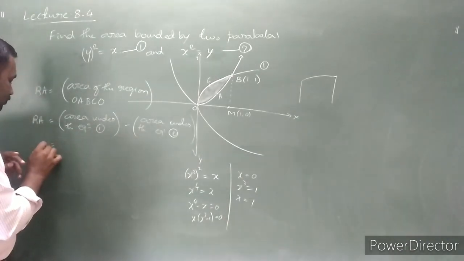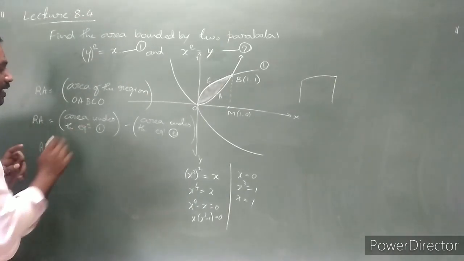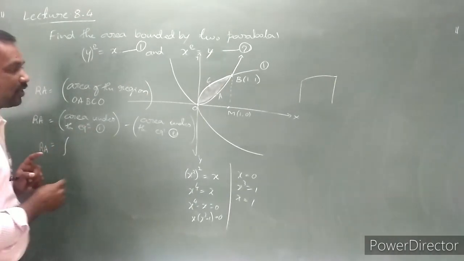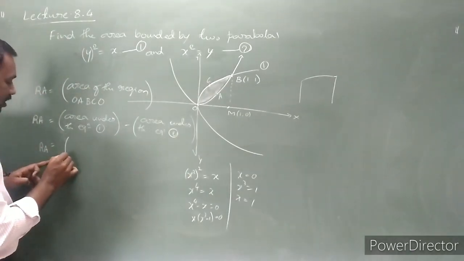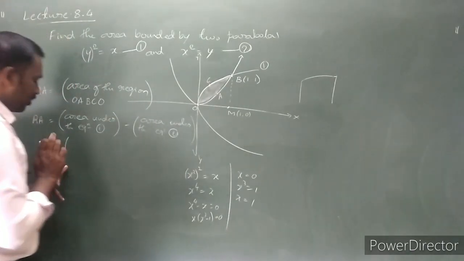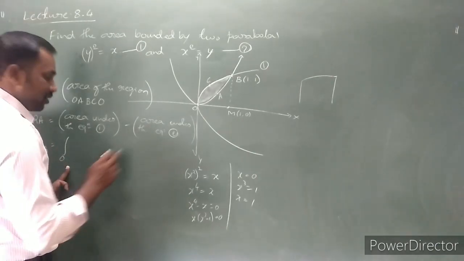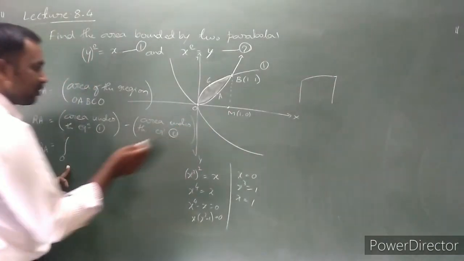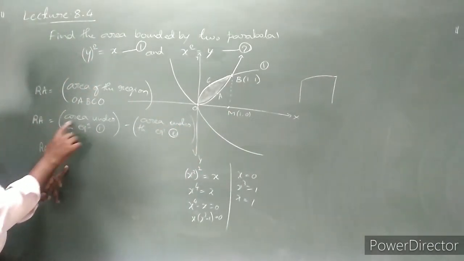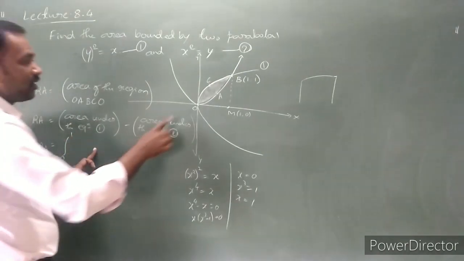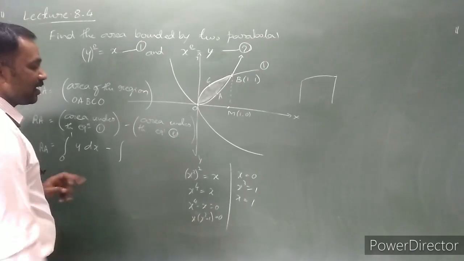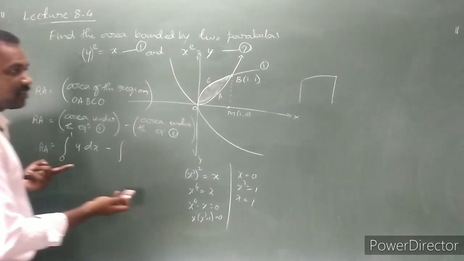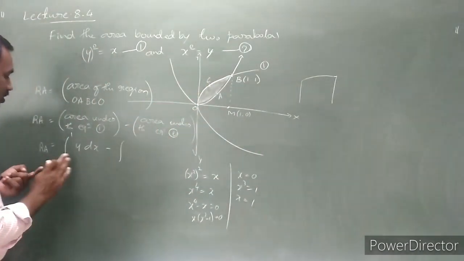Now, the required area is the area under equation number 1 from 0 to m. 0 is the origin, where the x value is 0. What is the x value for m? It is 1. The area under equation number 1 is y dx, minus the area under equation number 2, y dx.